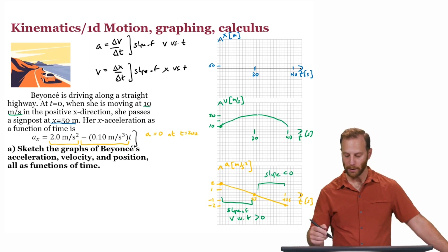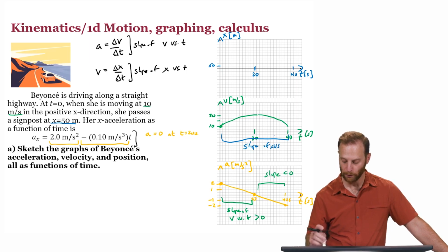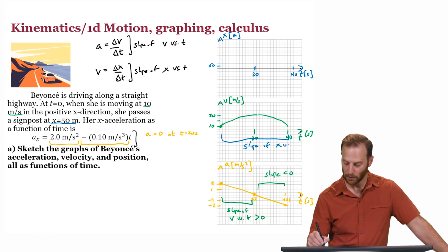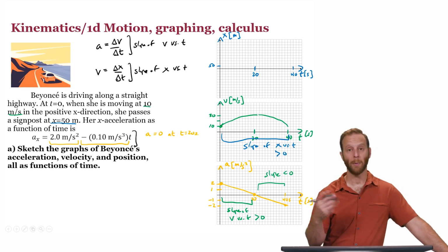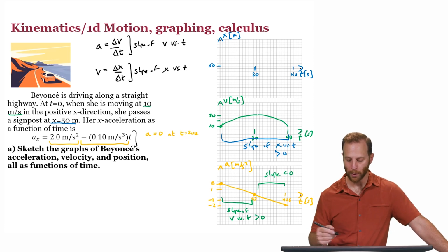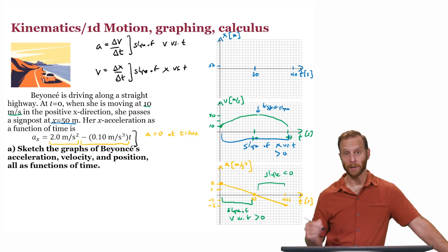What we know is that the slope of x versus t, that's what the velocity graph tells us. The slope of x versus t is always greater than 0. So this curve that I'm about to sketch is always going to be increasing. However, notice that the biggest slope should happen at 20 seconds.